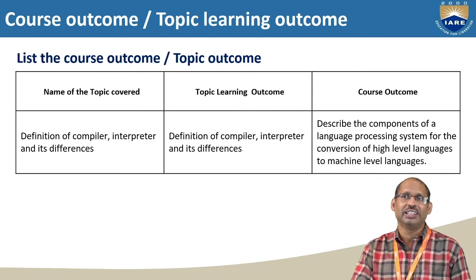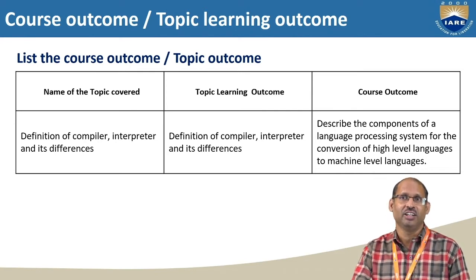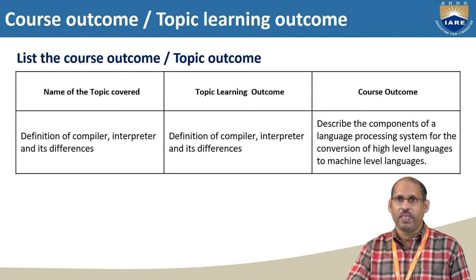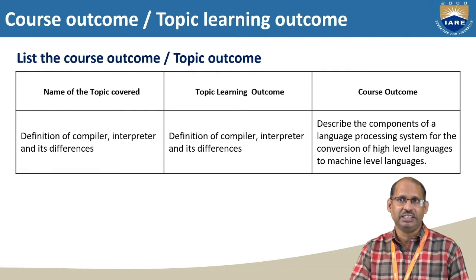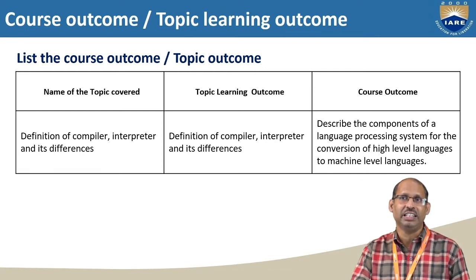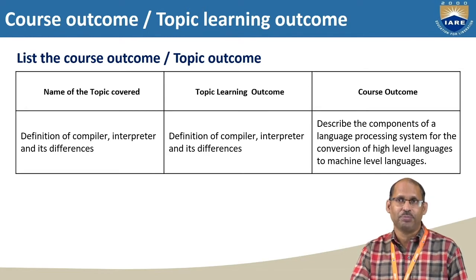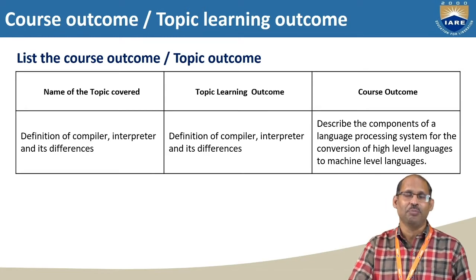It's about the compilers in general we use. So the systems will understand only the ones and zeros of machine level language. So we need a conversion of our high level language programs into machine level language programs. For that purpose, we use these compilers.